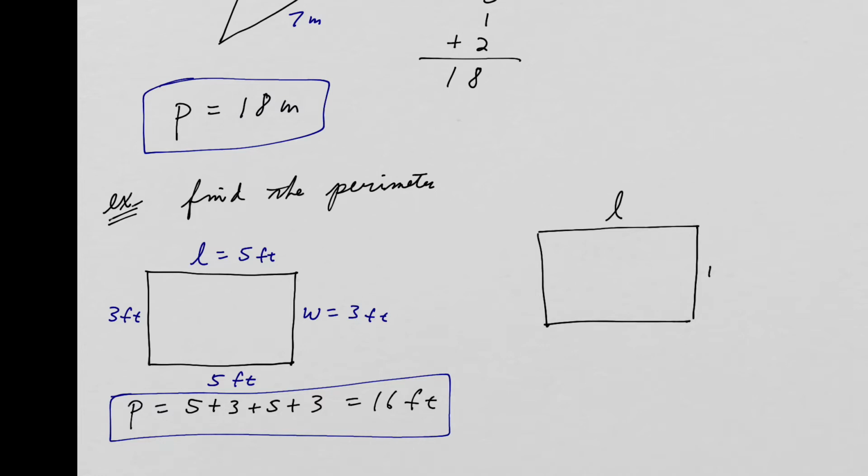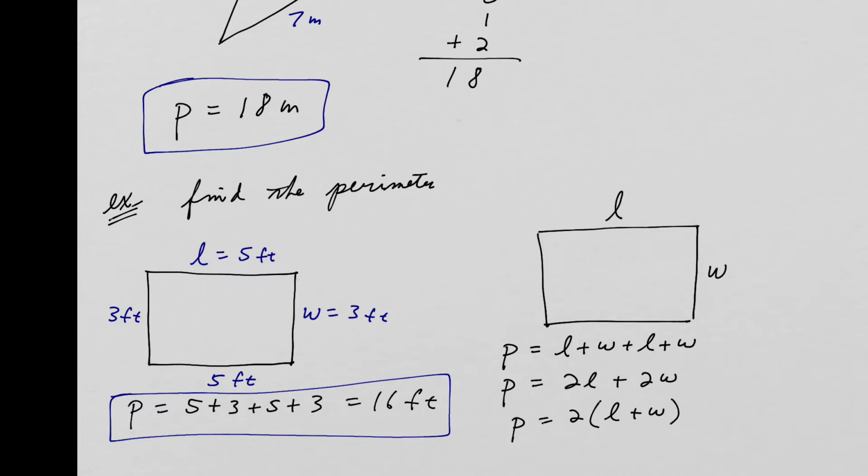And let's say this is the width in general. So we know that the perimeter is going to be L plus W plus L plus W. And an easier way to write that, and you guys will learn more about this when you get into Algebra 1, is 2L, 2 times the length plus 2 times the width, or I could even write it as 2 times (L plus W).